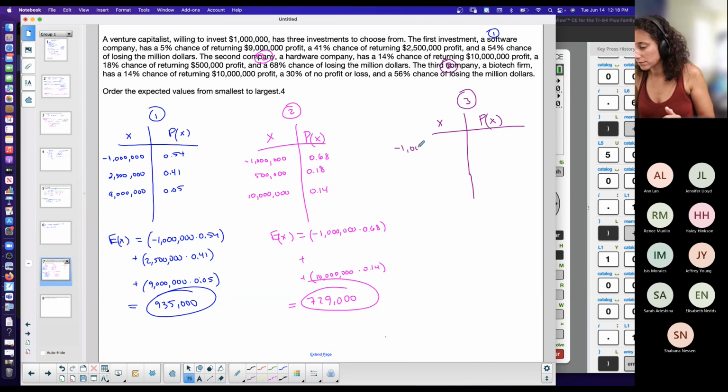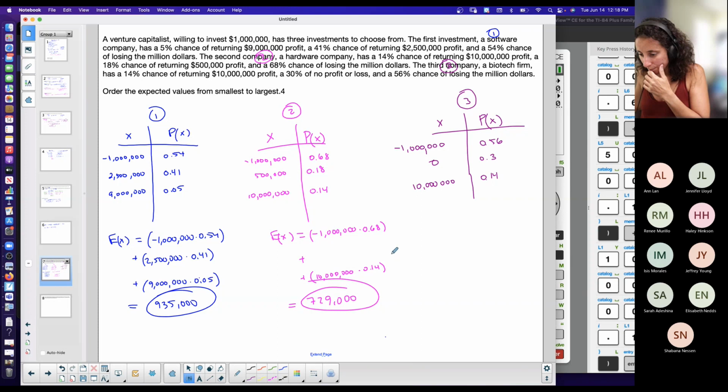So I have a $1 million loss, 56% chance of that, or nothing. No profit or loss, 30% chance. $10 million profit, 14% chance.